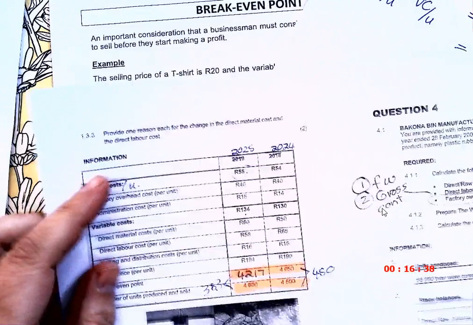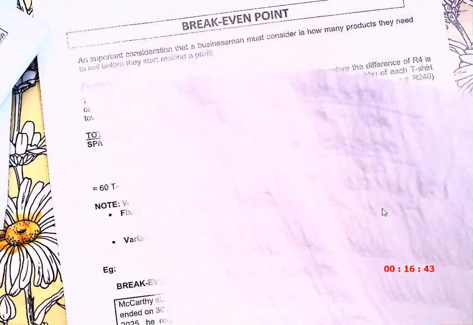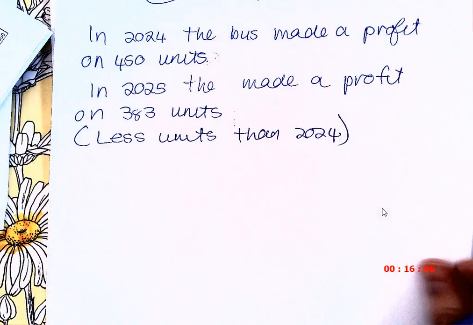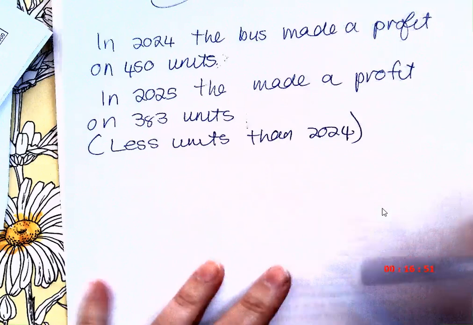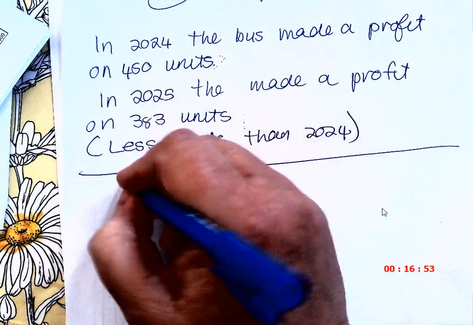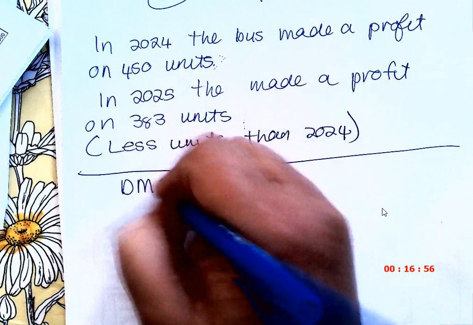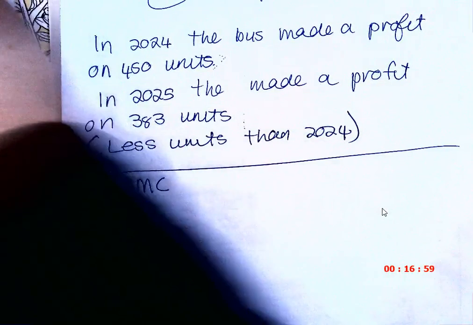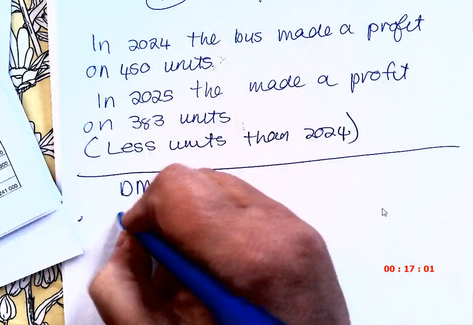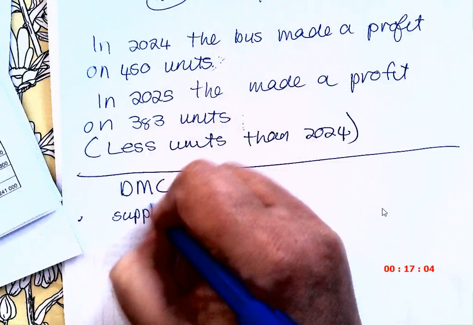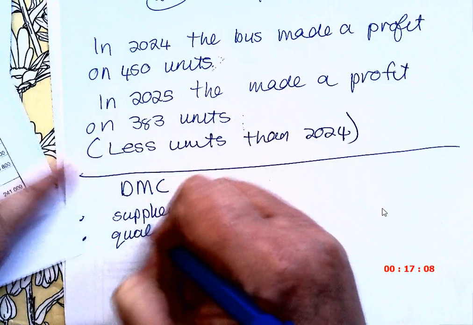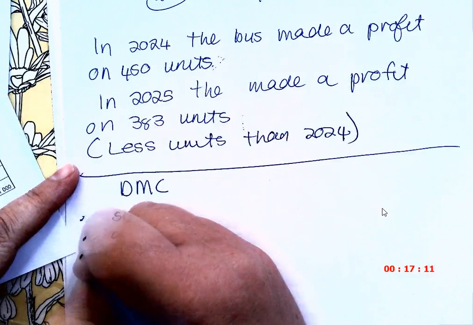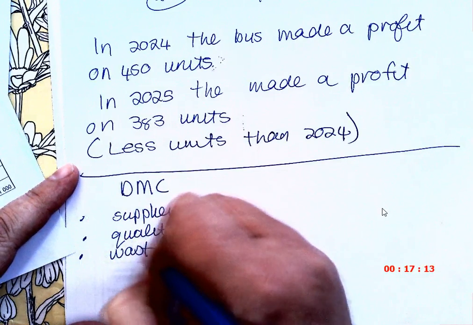Now, I'm going to give you 2 reasons for each one of them, and you're going to use that positive or negative. Okay. If it increases or if it decreases. So, with direct material, what you will always talk about is the supplier and the quality, or you can talk about wastage.